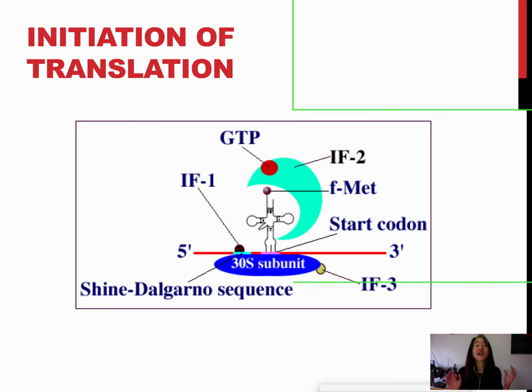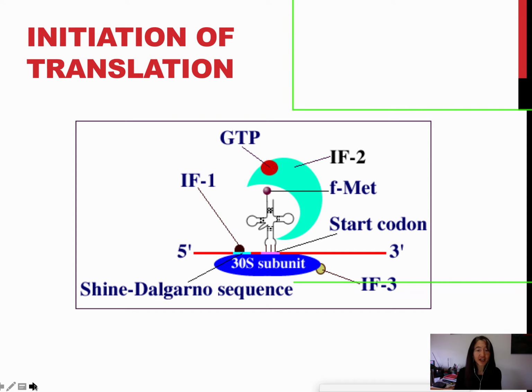Translation is an energy hogging process. I mean, a big majority of the cell's energy goes to translating. It's absolutely huge. So the other initiation factors coordinate all of this, preventing the 50S subunit from binding prematurely and enhancing the binding of the 30S subunit, and so enabling this process to take place.